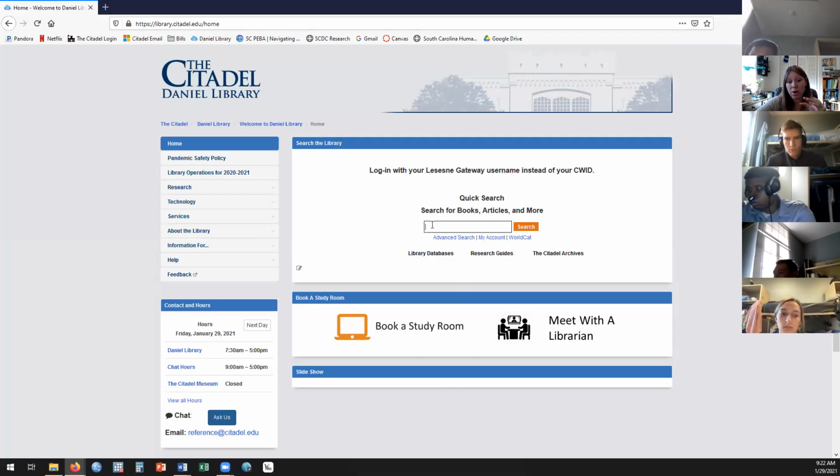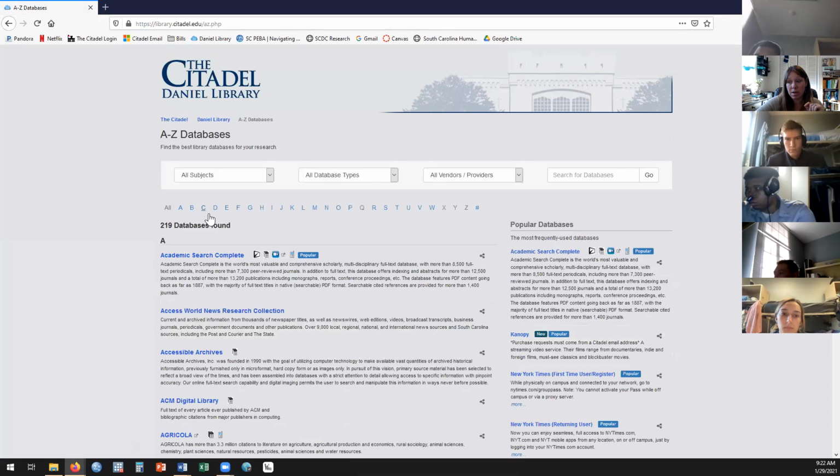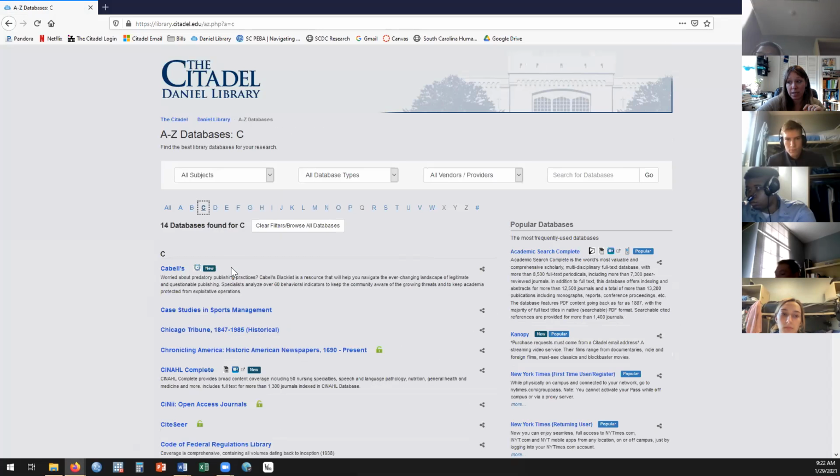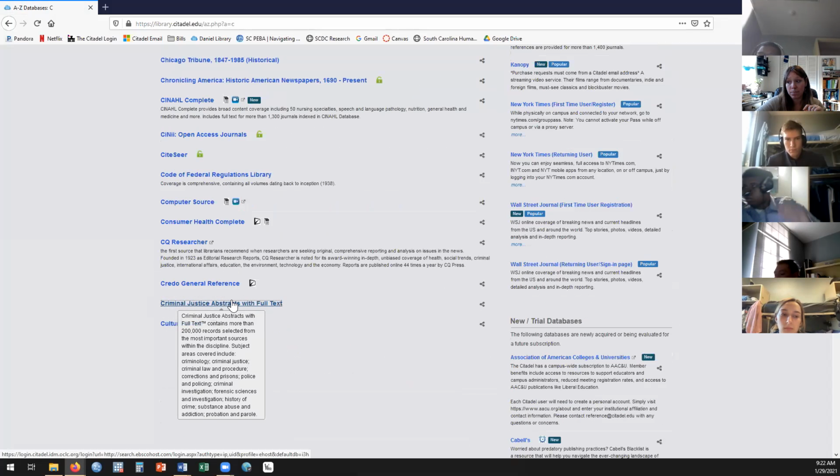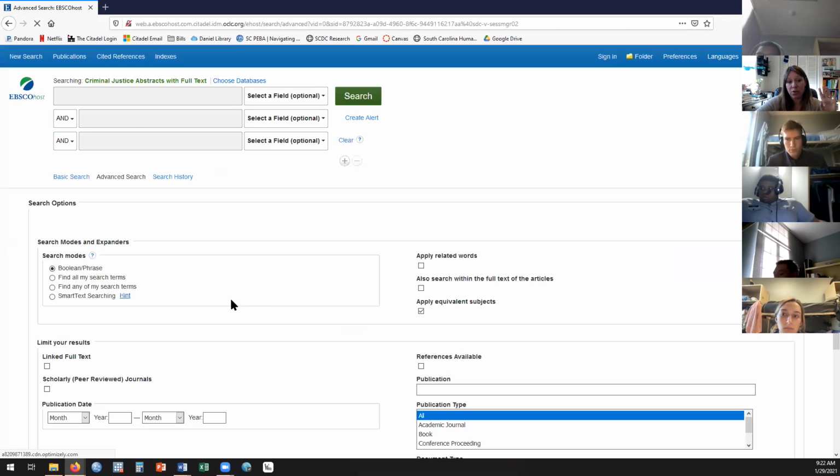If you want to narrow your focus towards criminal justice related articles, I recommend hovering over research, going to databases. My favorite database is called Criminal Justice Abstracts. So I click on C right here. And now it's going to filter out anything that's not criminal justice related. So if I typed prison-based education programs and I didn't go through this, it's probably going to pull a bunch of other education related things that aren't prison.